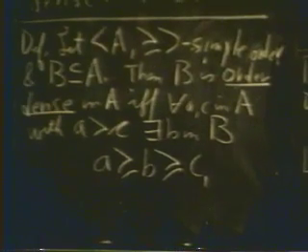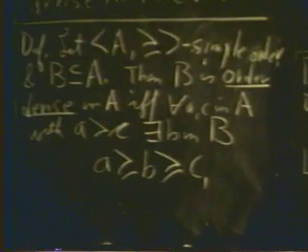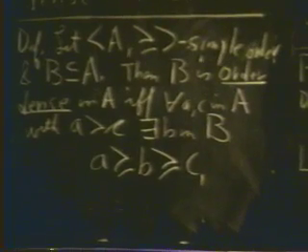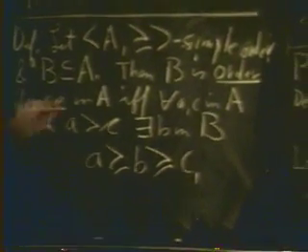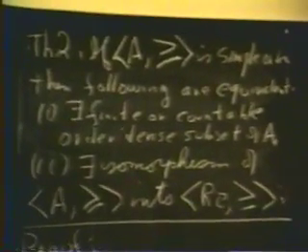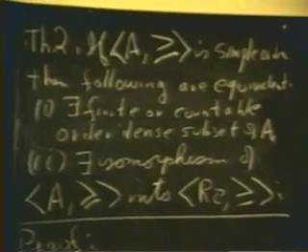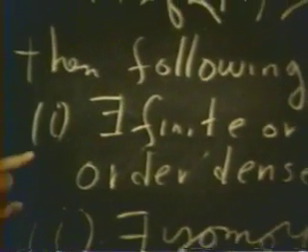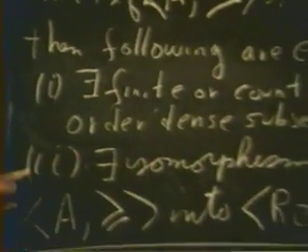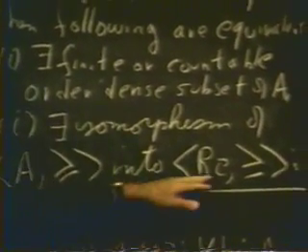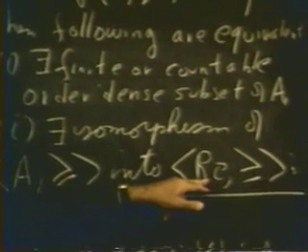And we use now that condition of order density and the condition of countability to state the appropriate representation theorem for the general case. And that is theorem 2 of chapter 2. If we have a simple order, then the following are equivalent. Condition 1: there is a finite or countable order dense subset of A. Or condition 2: there exists an isomorphism from the simple order into the real numbers under the natural numerical ordering.